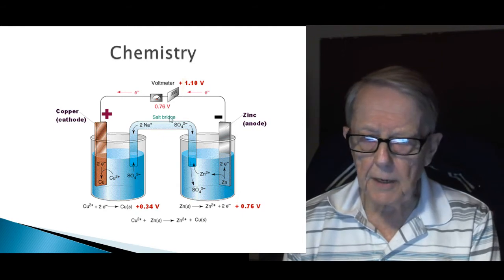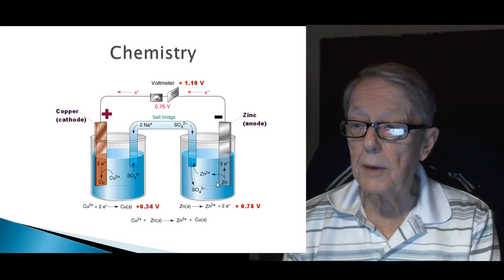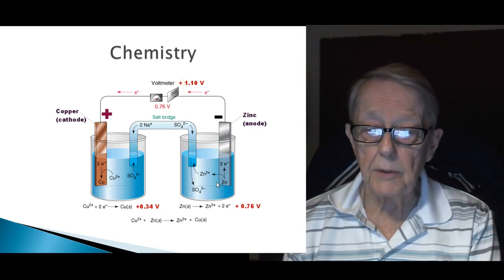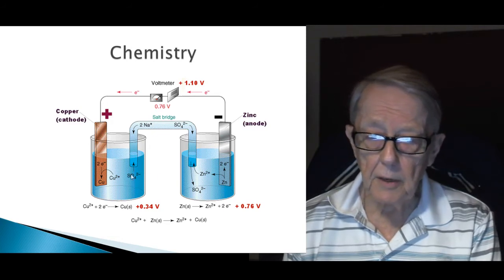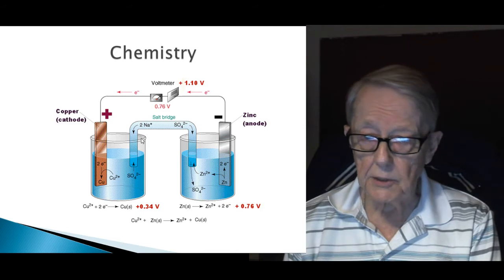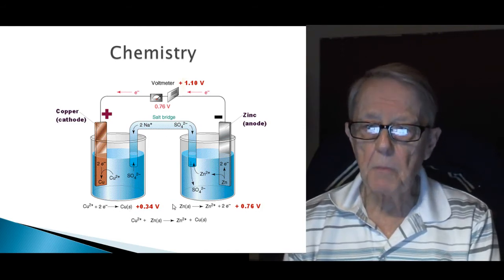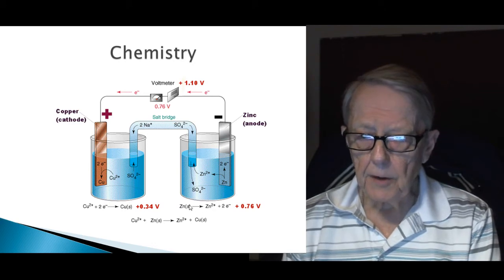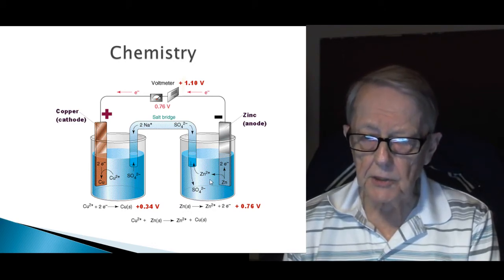The sulfate ion comes this way, and when you read about it and understand what they're saying, they're saying that the electrical charge needs to be neutralized, and this is how that happens, and that helps out in the equations.